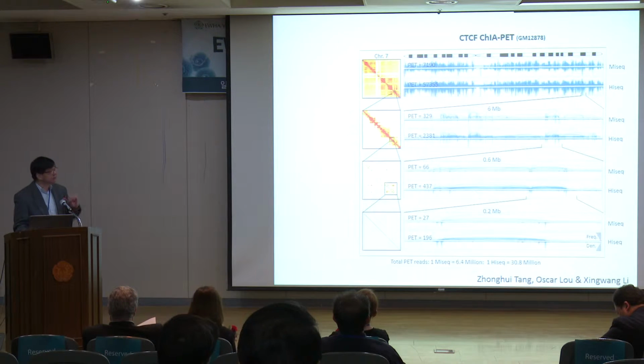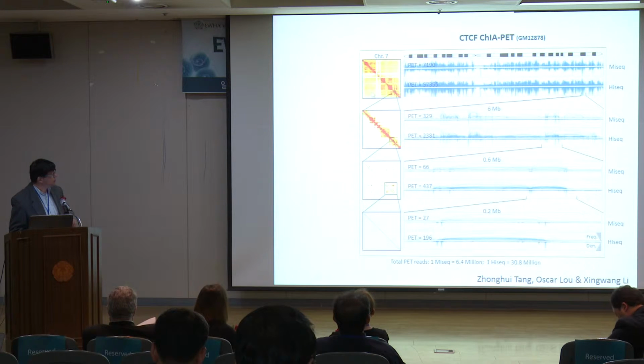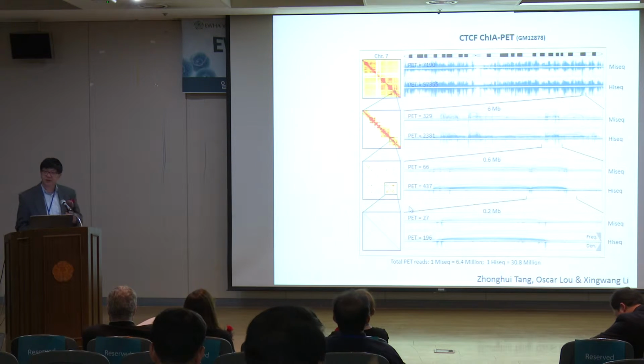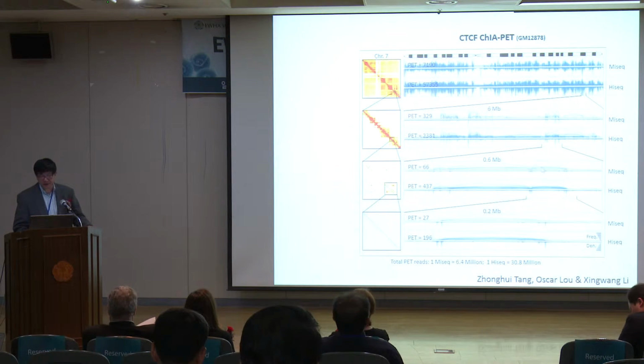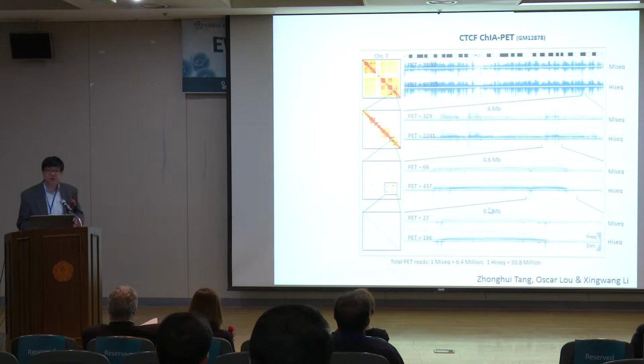So recently, we conducted very detailed comparisons between the Hi-C experiment, which was generated by using billions of reads from the same DNA fragment, from the same cell lines, and the ChIA-PET data that we generated.